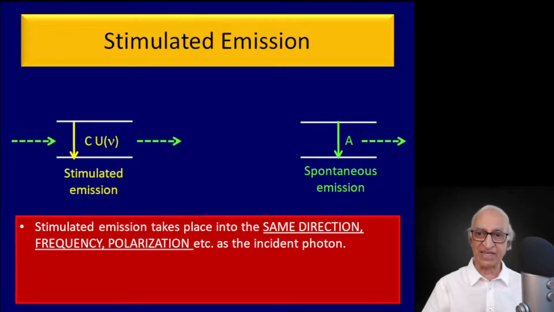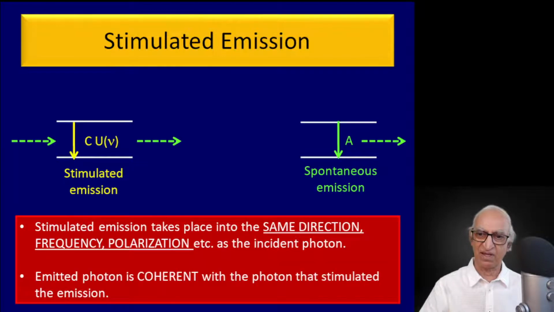But in the case of stimulated emission, which is this figure over here, the stimulated emission takes place in the same direction. It is at the same frequency as the incident radiation. It is the same polarization as the incident photon. Therefore, the emitted radiation, the stimulated radiation, is coherent with the photon that stimulated the emission.